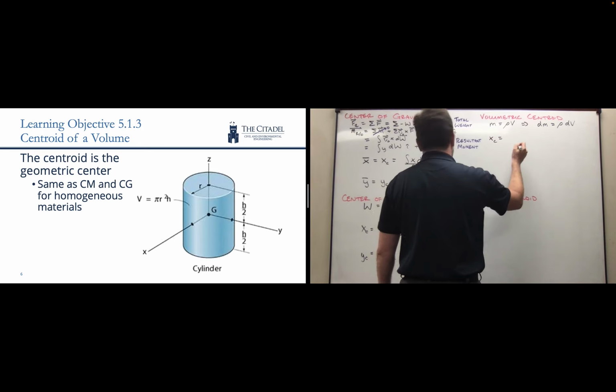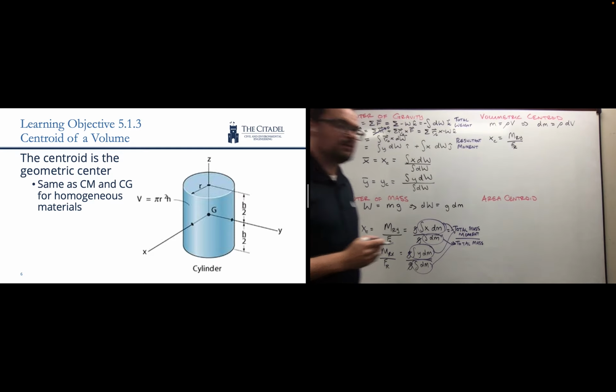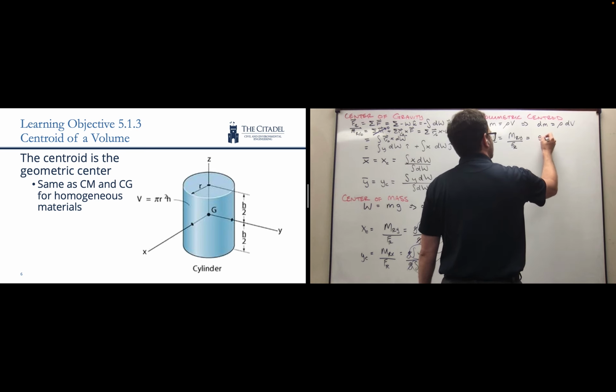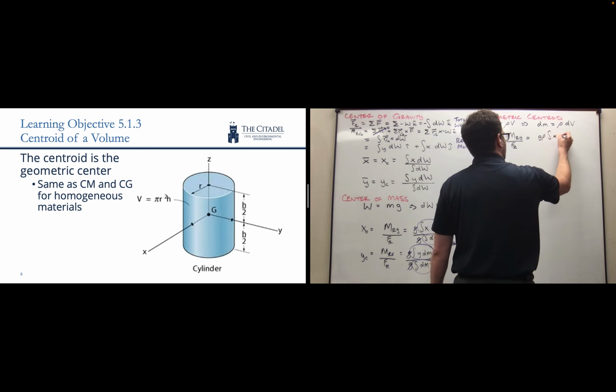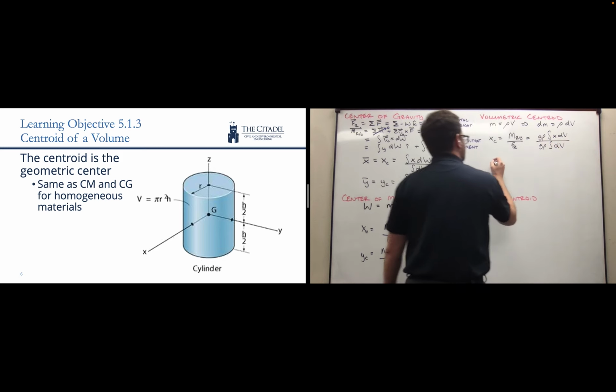So my centroid is going to be equal, still an equivalent system, where I have my y moment divided by the resultant force. Just in this case, I'm now going to have two constants. I'm going to have g and rho integral x dV divided by g and rho integral dV.